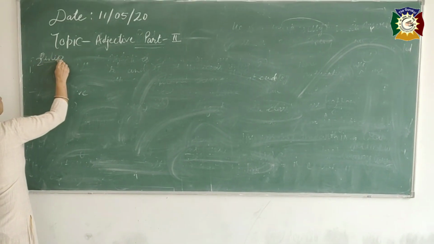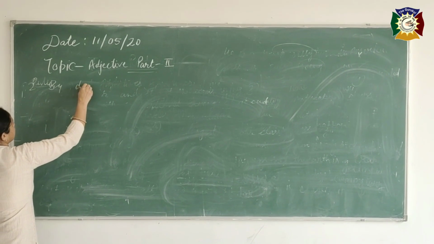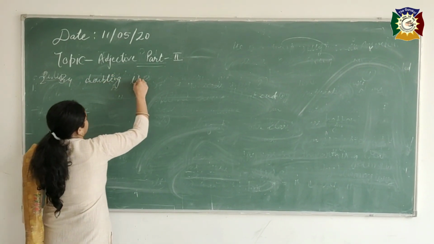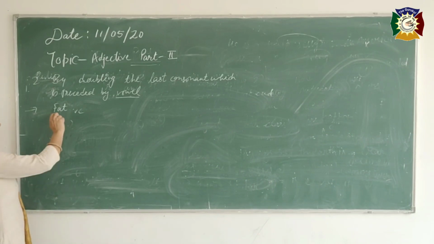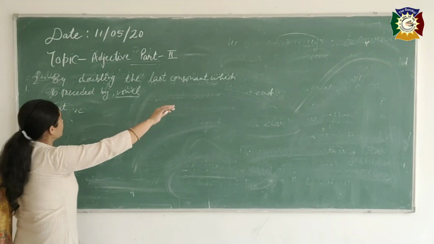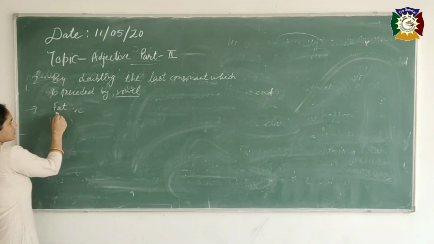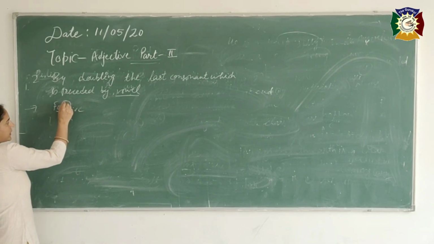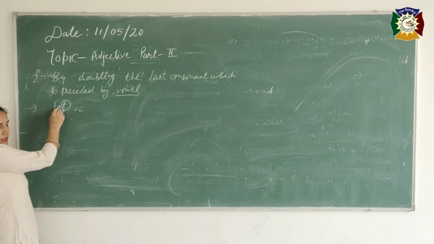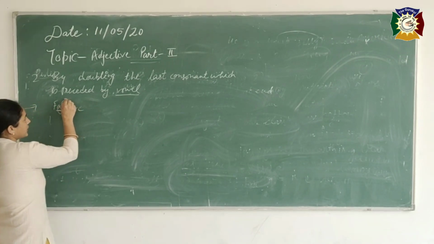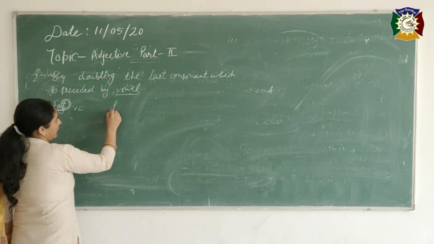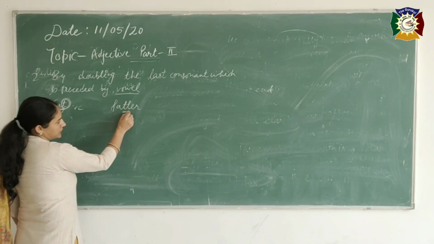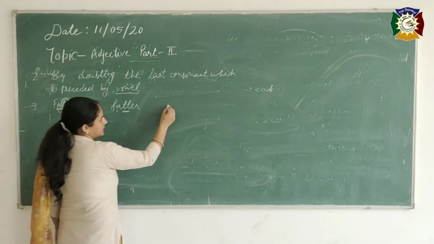Second rule, by doubling the last consonant which is preceded by vowel. So here this fat, right one, T, and which is preceded by vowel A. Then we have to double the last consonant, fatter.